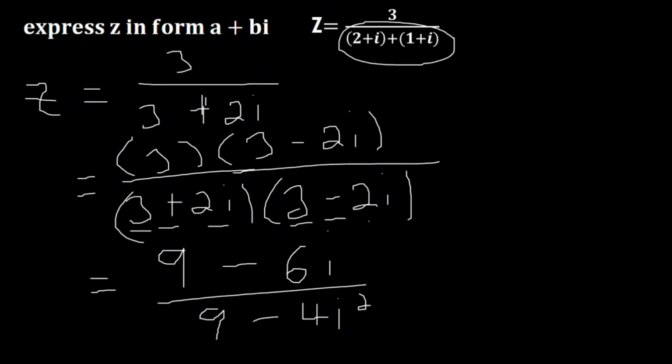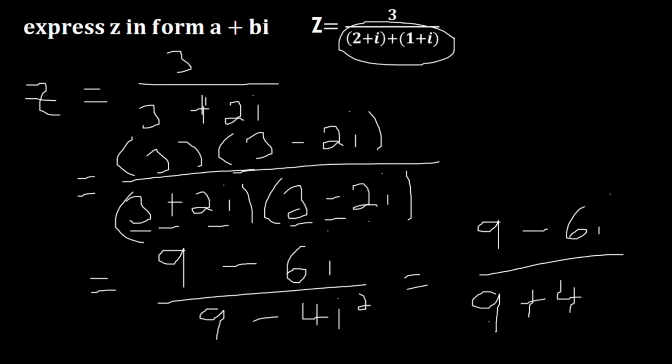Okay, let's come back. That is 9 minus 6i all over 9 minus 4i squared. That is what you have, and that will be equal to what? 9 minus 6i all over 9 plus 4, because i squared is minus 1, and this gives a positive.